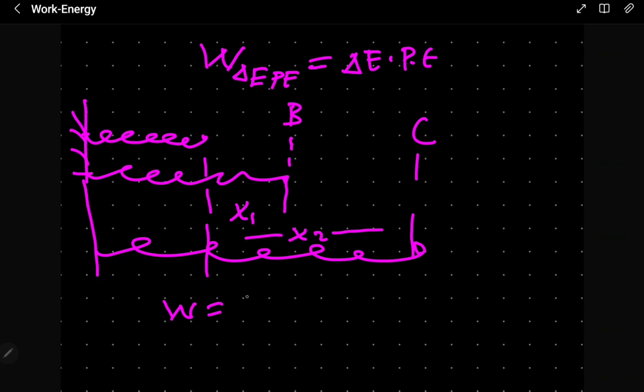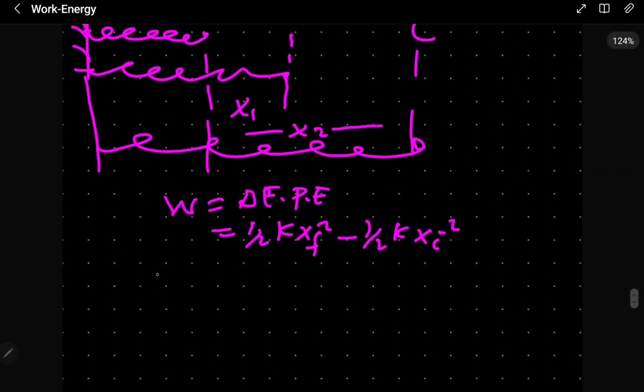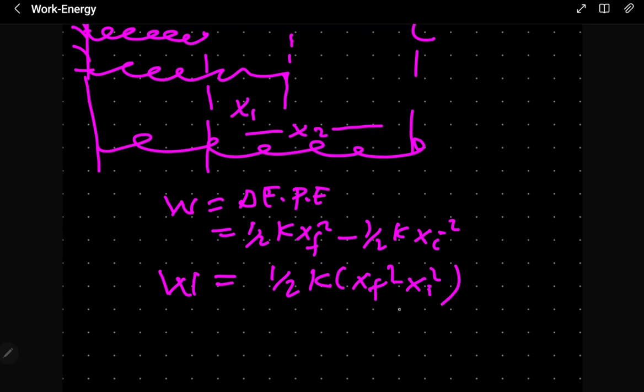The work done is equal to the change in elastic potential energy of the spring, meaning the work done is half of k times x final square, the final elastic potential energy, minus half of k times x initial square, the initial elastic potential energy. So the work done is equal to half times k times (x final square minus x initial square). Now this is how you calculate the work done to extend the length of an elastic material.